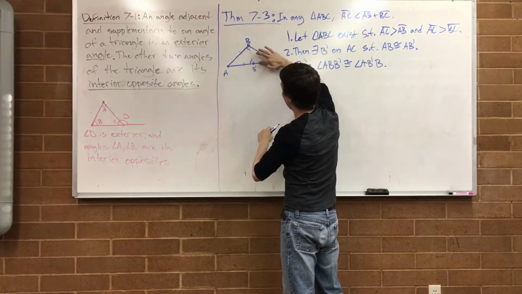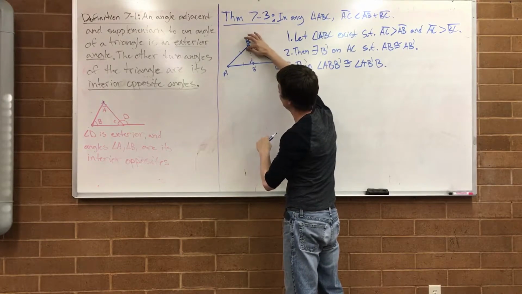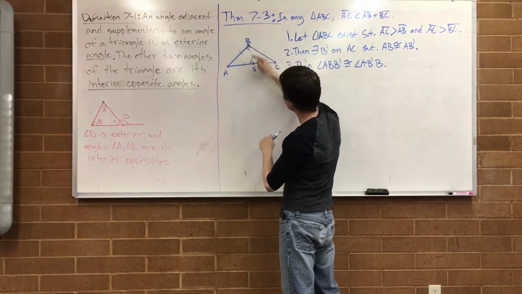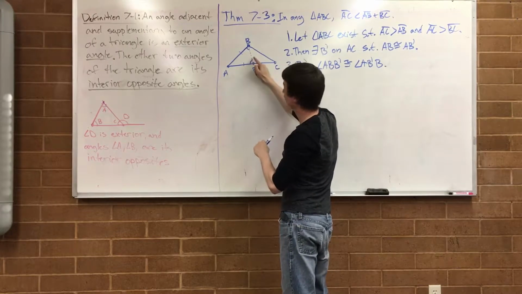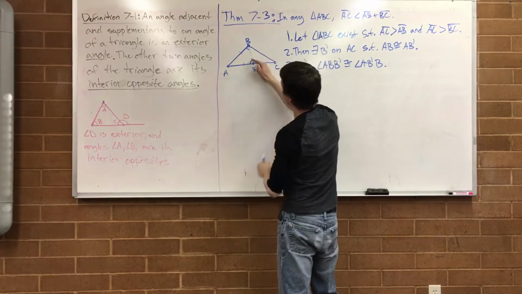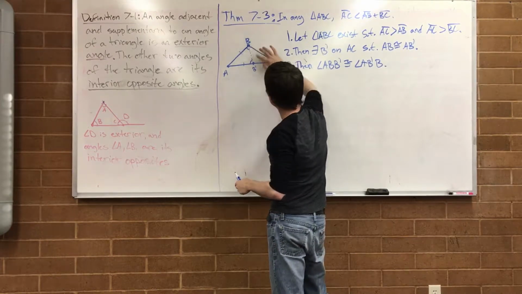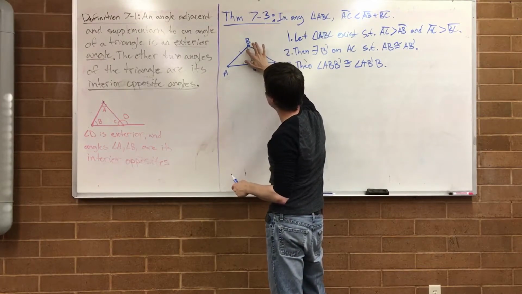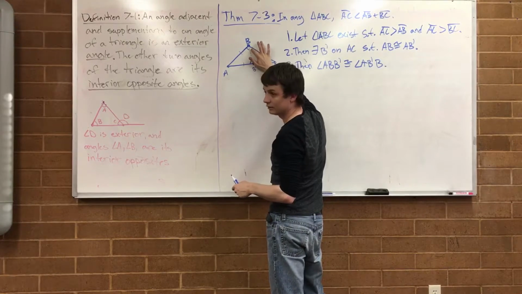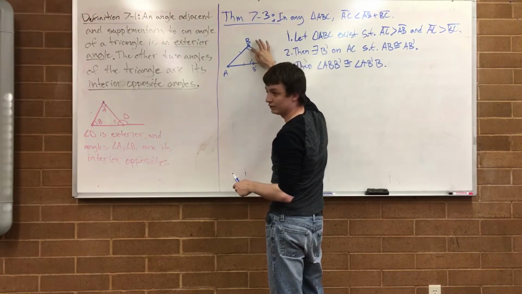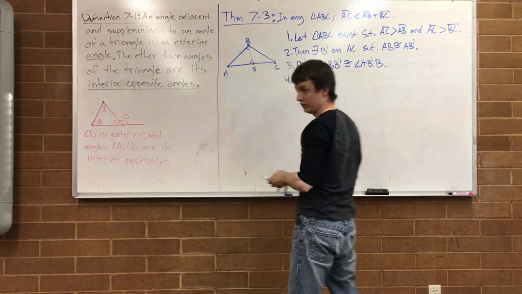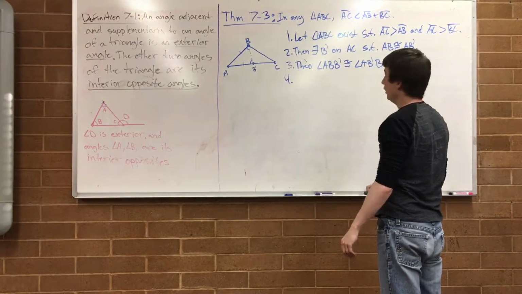So this outside angle is greater than this angle. This angle is congruent to this angle. And since this one's exterior to the right triangle, we have this angle is greater than this angle. So this is greater than this, is equal to this, is greater than this. So this is greater than this. So this side's greater than this. That's our thinking.